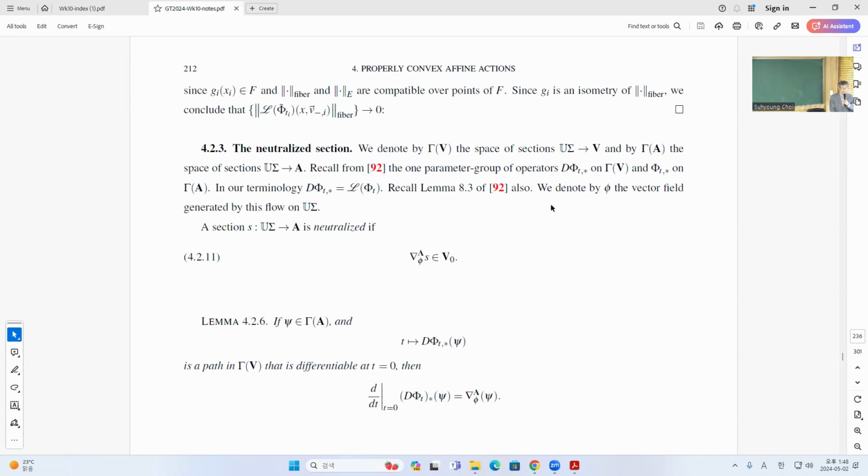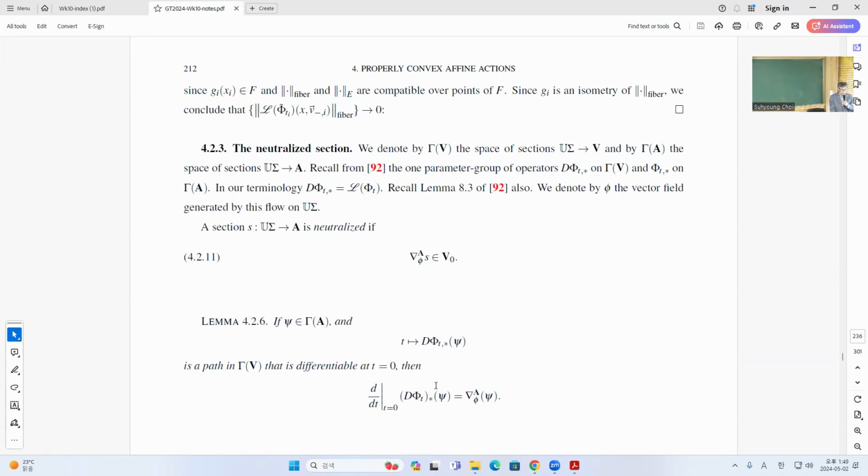Of course, you have any section here, and then you take this differential along the flow. Because this is an affine bundle, the differential lies in the vector bundle of that affine bundle. That's what happens if you differentiate the bundle.